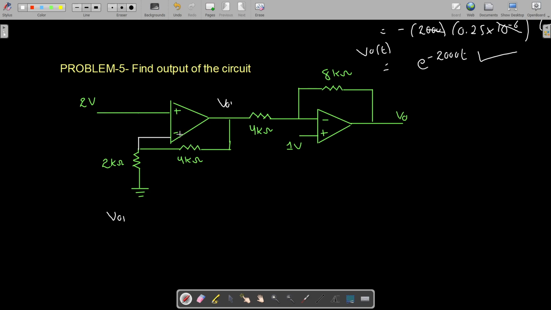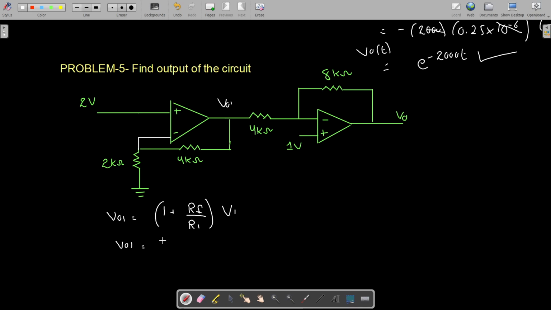The feedback will always be a negative feedback in case of op-amps. So now this output is equal to 1 plus RF divided by R1 into the input voltage, because this 1 plus RF divided by R1 is the gain of the non-inverting op-amp. And this RF is your feedback resistor 4 kilo ohm and this is your input resistor 2 kilo ohm.